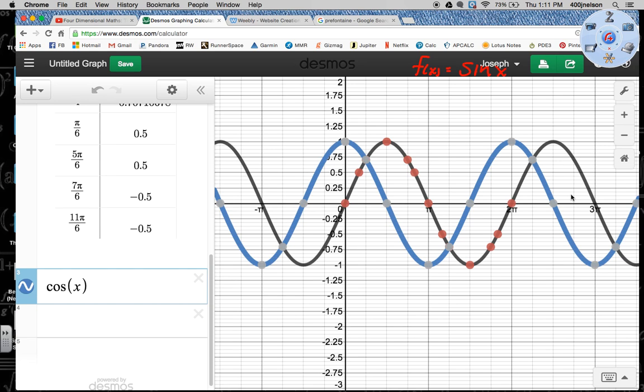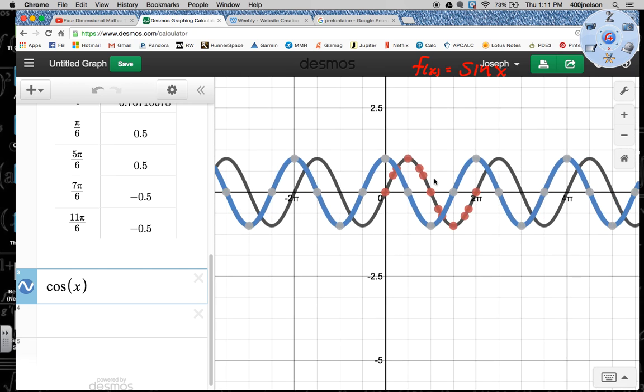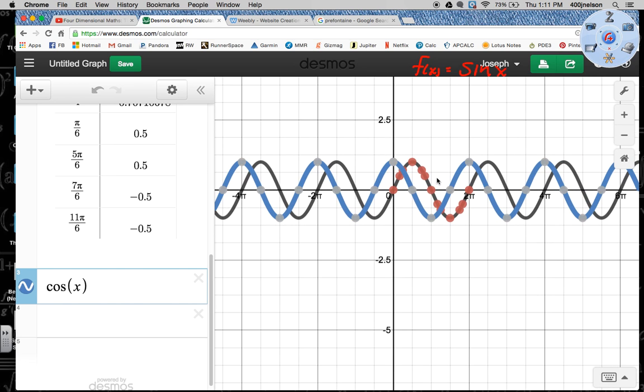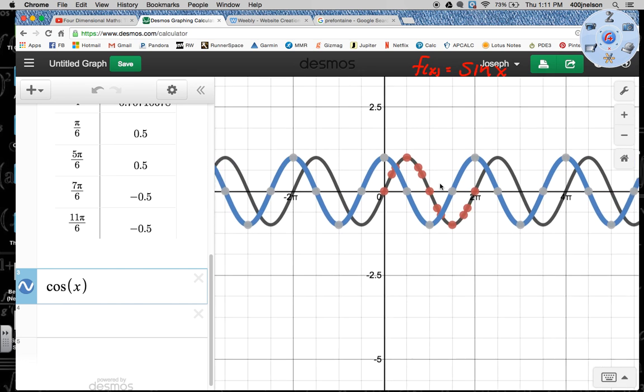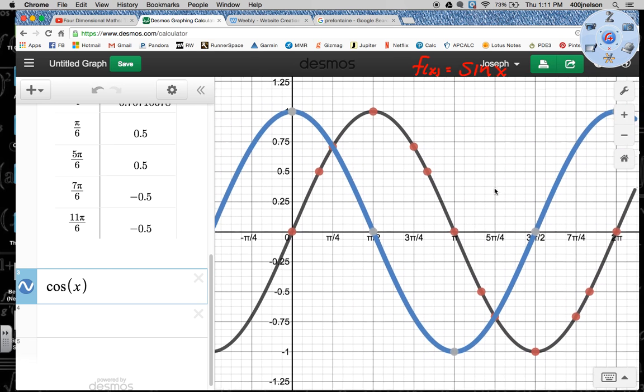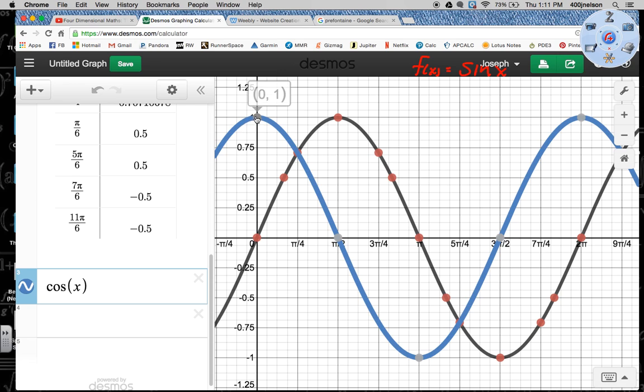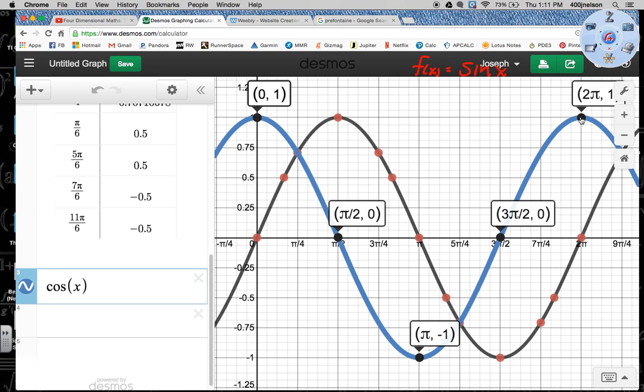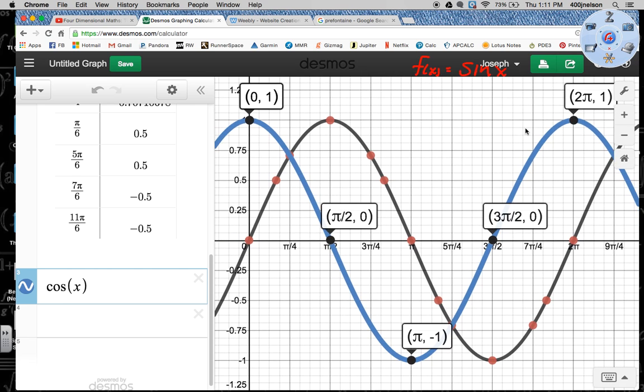Okay, and look at here. It looks exactly like sine of x, only shifted to the left a little bit, or to the right, depending on whatever you want there. But notice we're starting at 0, 1. We're at pi halves 0, pi negative 1, 3 pi halves 0, and 2 pi 1.